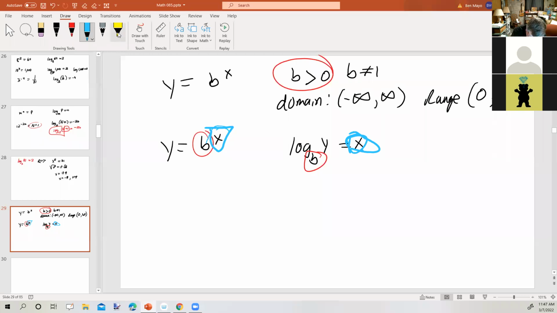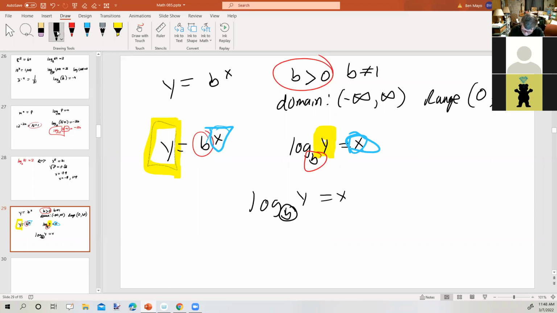And then let's see here. This is that. Y, the range, has to be greater than 0, which means we have to take the log of something greater than 0. So if I have log base b of y equals x, b has to be greater than 0 and not equal to 1.